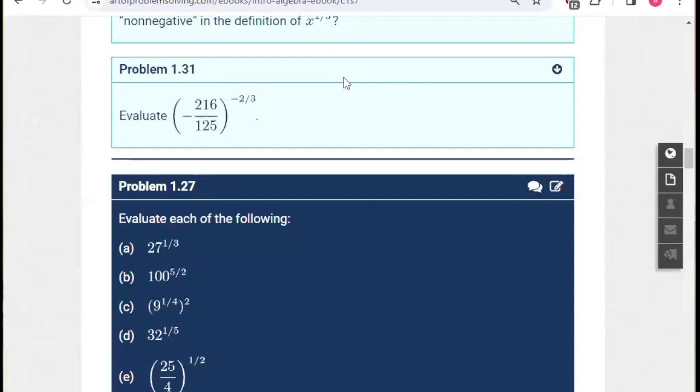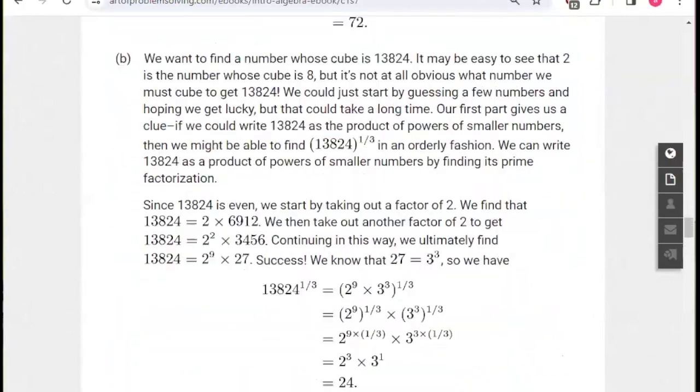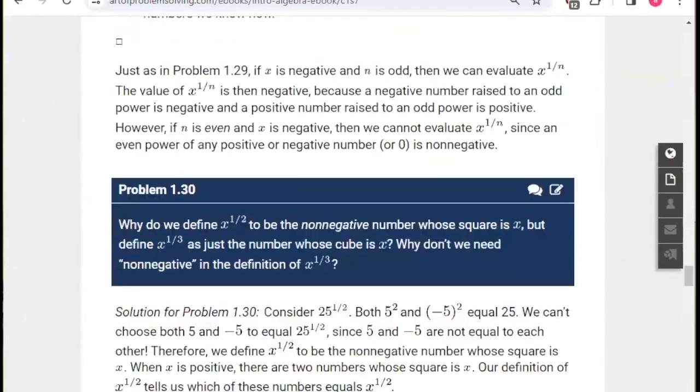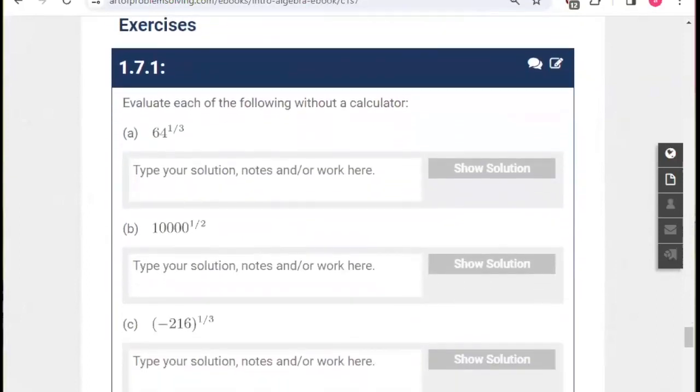Sophia, we're going to start with the homework now. All right. 1.7.1. Just give me 1 second. I'm going to put my little line down because I like to keep things organized.